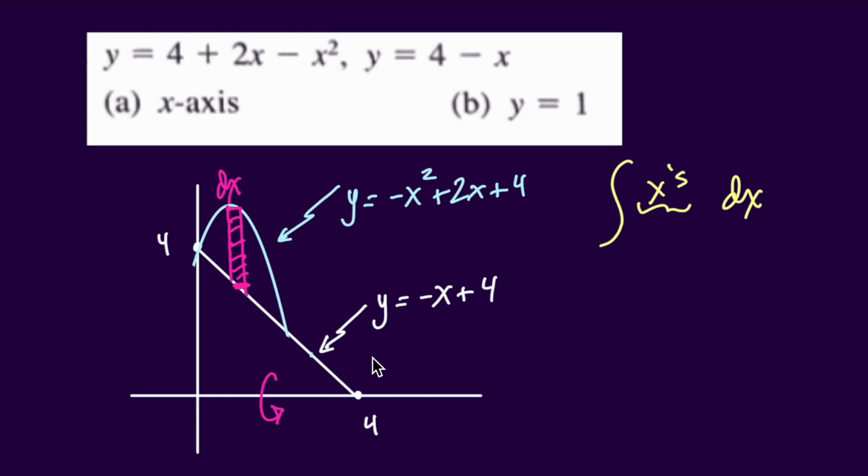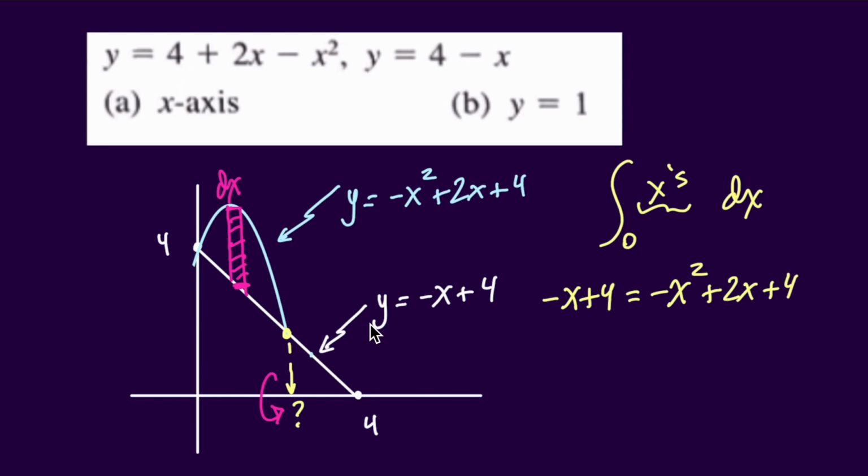Now, to get the limits of the integral, we're going to be going along the x direction. The x coordinate where we start is going to be x equals 0. The question is, what's this x coordinate? We don't have that yet. To get that, we have to figure out where these two functions intersect, so we set them equal to one another. Let's go ahead and do that.